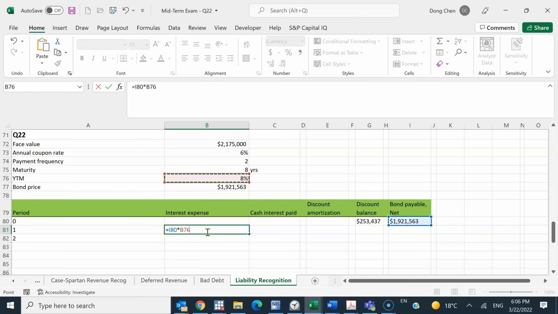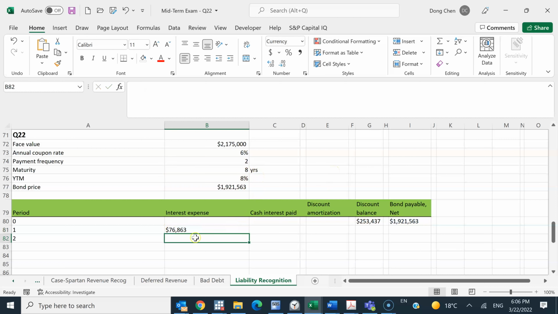But so far, this is the annual coupon payment. What we are trying to do for the interest expense is the semi-annual coupon payment. So after that, I need to divide this by the number two, right? The frequency. So that's the interest expense, but that's actually not what the firm is paying. What the firm is paying is the cash interest expense, right?